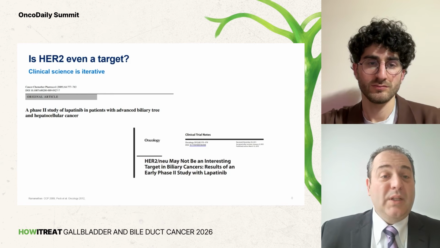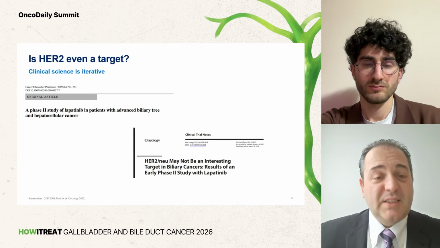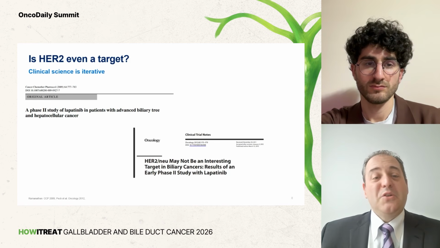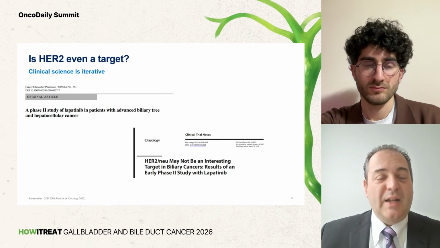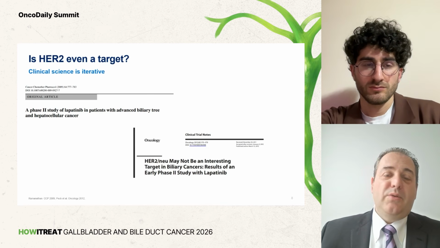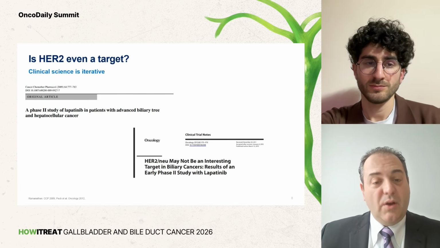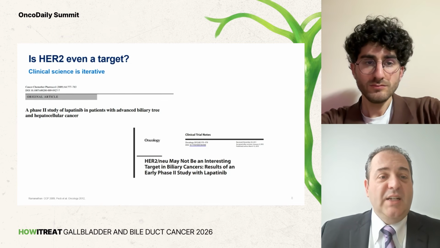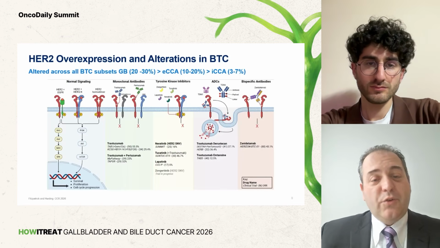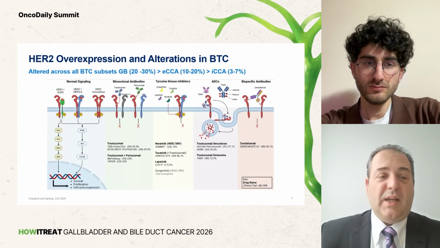These studies really did not select for HER2 and indeed showed no evidence of anti-tumor activity. So at the time, there was some question, is HER2 even a target? It's important that we use the right molecule and have the right bioselection strategy. And to the credit of the authors, they did acknowledge this in their discussions. But now, flash forward 20 years for HER2, yes, HER2 is a target in biliary tract cancers.